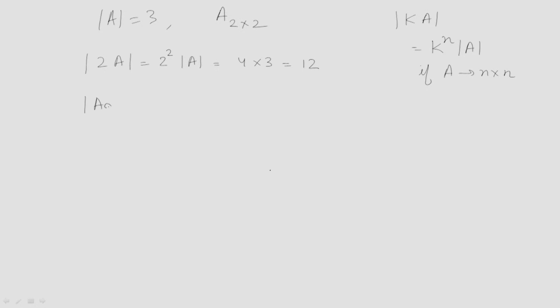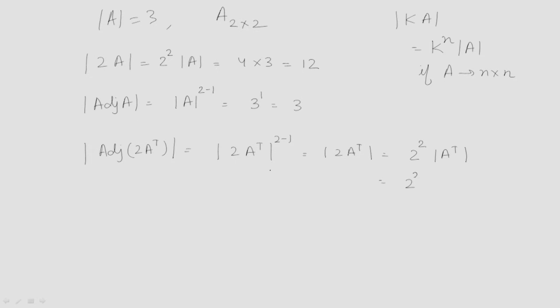If you want to find determinant of adj A, it is simply determinant of A raised to power n minus 1. Here n is 2, and determinant of A is 3. So, 3 raised to power 1, which is 3. If you want to find determinant of adj of 2A transpose, it is simply determinant of 2A transpose whole raised to power 2 minus 1, which is determinant of 2A transpose, which is equal to 2 raised to power n, which is 2, into determinant of A transpose.